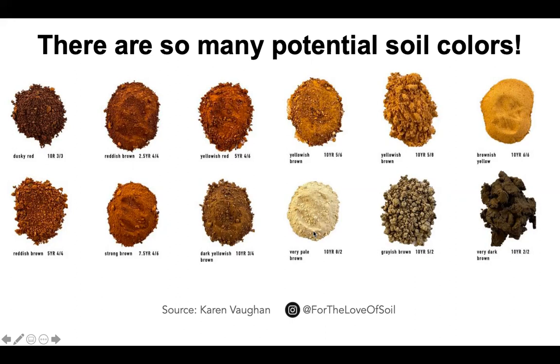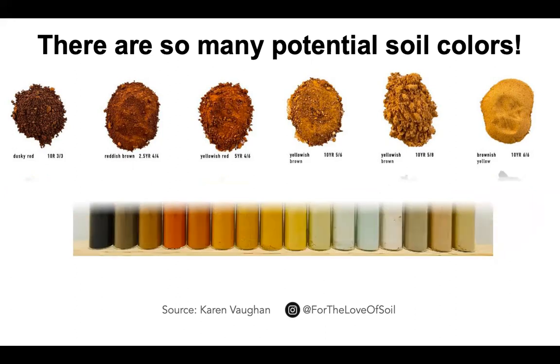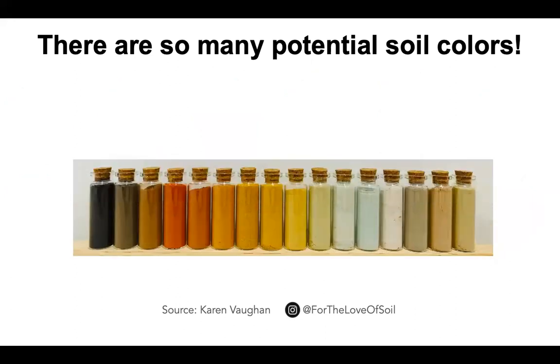And it's really just this wonderful palette of colors that you can find. Now, these don't even cover the full gamut of colors that we can see. Again, Dr. Vaughn put together this really cool pigment color, all using soils that she and a couple friends found. Look, you can even see blues in there, really intense reds and blacks. Again, just this rainbow of colors that you can find in soils.